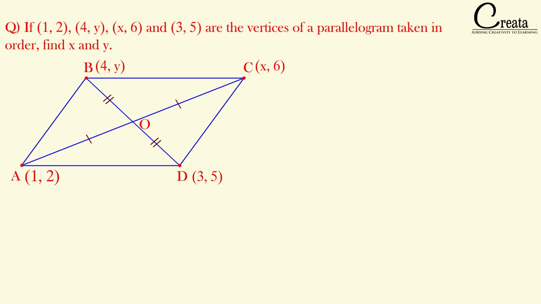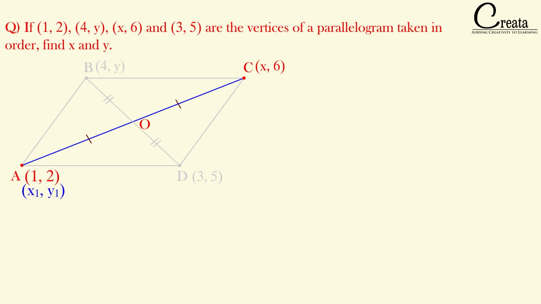So firstly, let's take the diagonal AC. Here let's assume x1, y1 as the coordinate A and x2, y2 as the coordinate C. Here the point O is dividing this line segment into the ratio of 1 is to 1. O is the midpoint of AC, meaning m1 is to m2 will be equal to 1 is to 1.